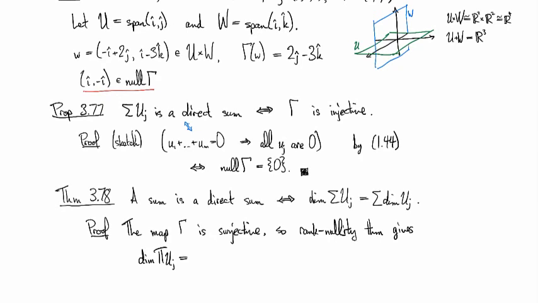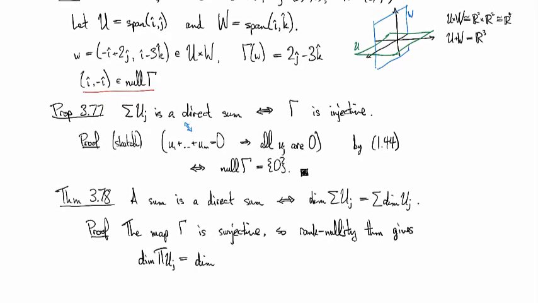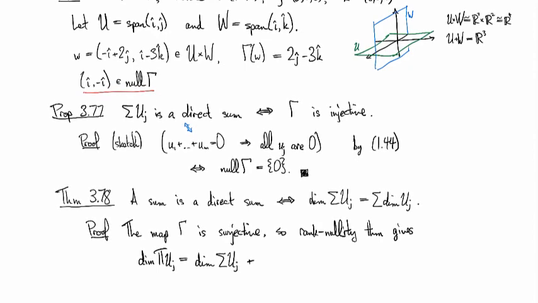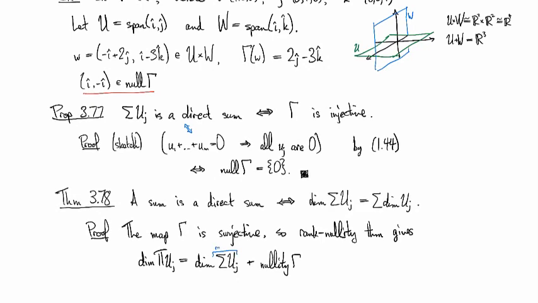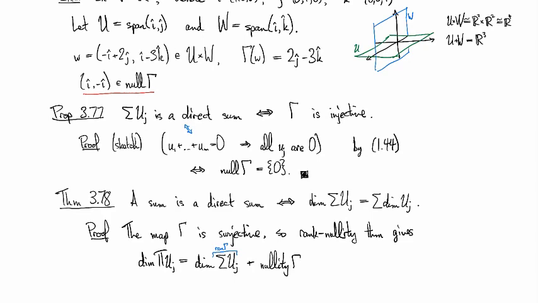Okay. The dimension of the product is going to be equal to the dimension of the sum plus the nullity of gamma, right? And so that's just because this guy here, this is the range of gamma.